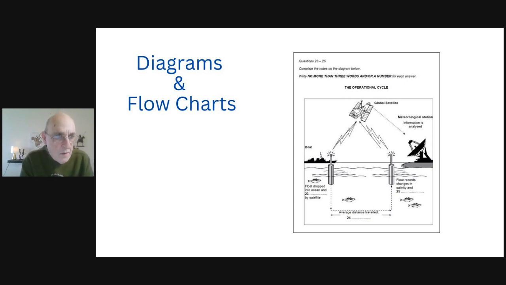So becoming familiar with diagrams and flow charts and how to deal with them is an important skill in the IELTS exam. Now, you don't have to understand everything about it. You just have to recognize the important points in the diagrams and be able to deal with them in whatever section you're facing.